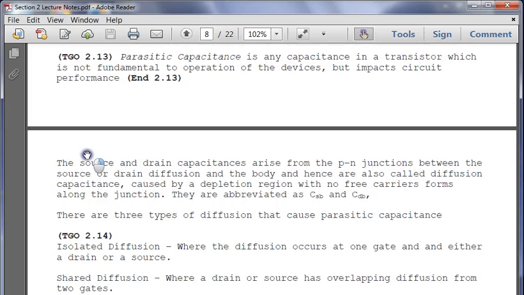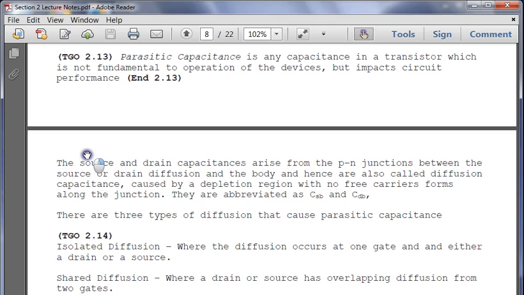Shared diffusion is where a drain or a source have overlapping diffusion from 2 gates. So you have an instance like an inverter where you have 2 drains overlapping each other. You have to worry about the capacitance, and we'll be learning specifically about load capacitance there as well.